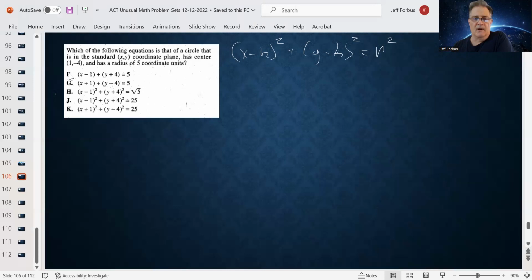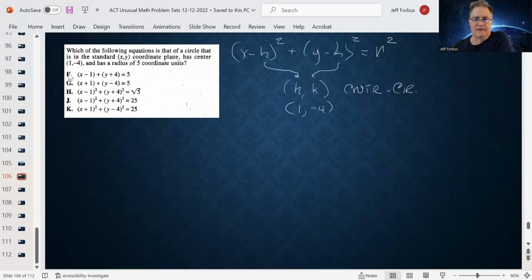Now notice your h and your k value come together to give us the coordinate pair for the center of the circle. Okay, and in this case, they tell us our center is (1, -4).